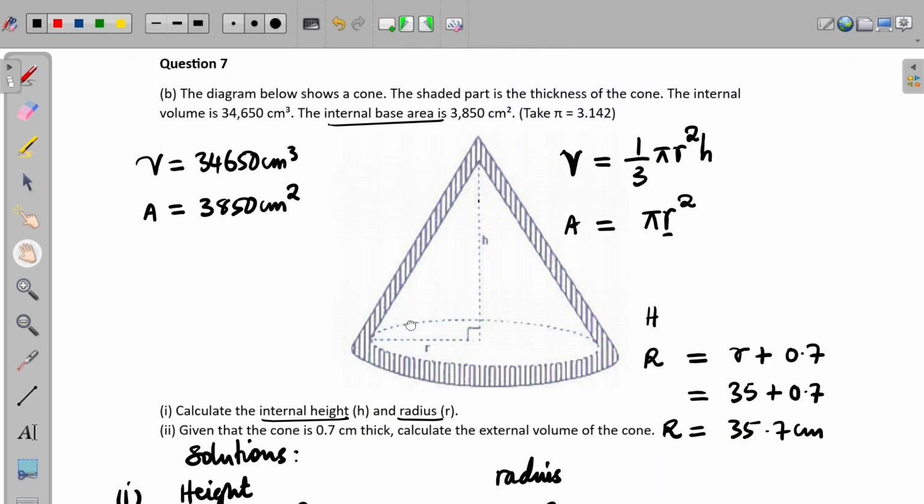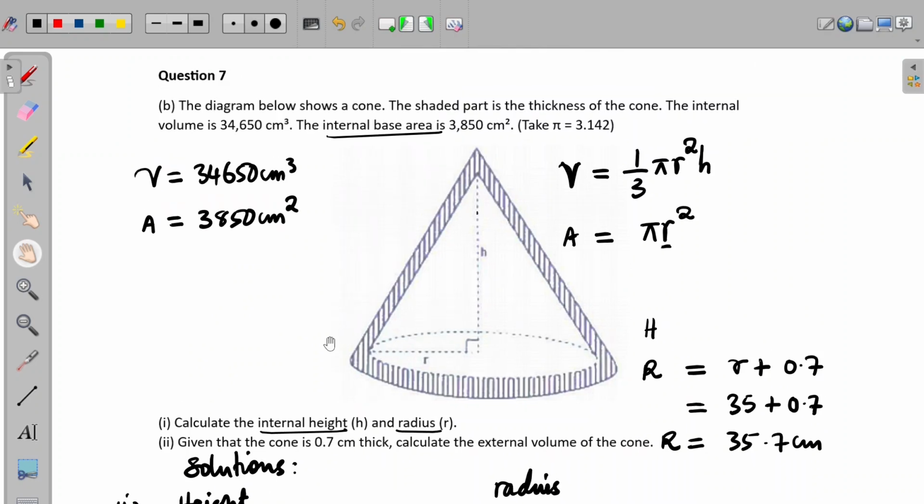So we'll say the ratio between two radiuses. We have two radiuses. One, the external from here to the last part there. That is the external radius we are talking about.